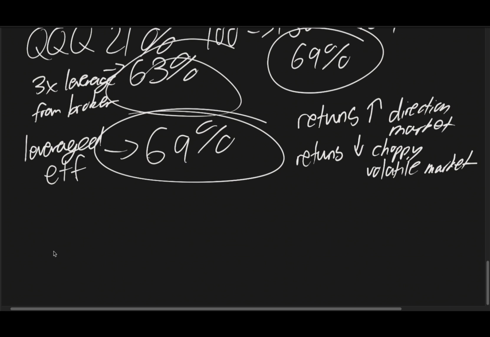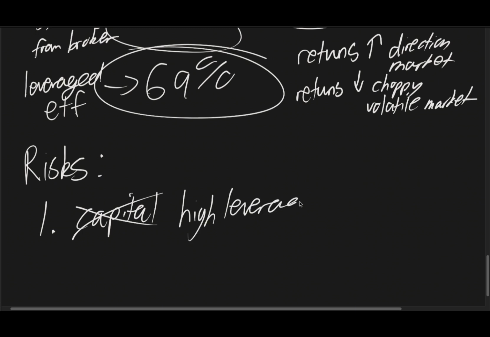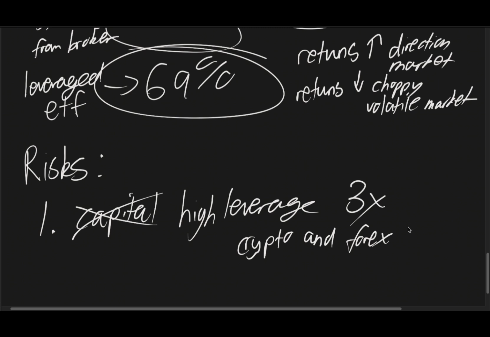Now, there are many risks of using leverage. Risk number one, you could lose your entire capital. Your entire capital could be wiped out if you use high leverage. In our examples, we used only 3x leverage. In crypto markets and Forex, they give up to 100x leverage.